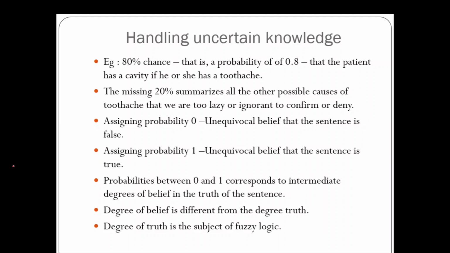Before that, consider this example. Let us assume there is an 80% chance, that is a probability of 0.8, that the patient has a cavity if he or she has a toothache.